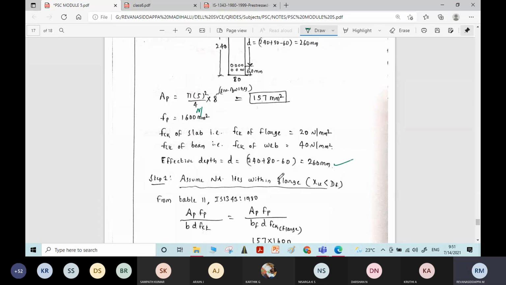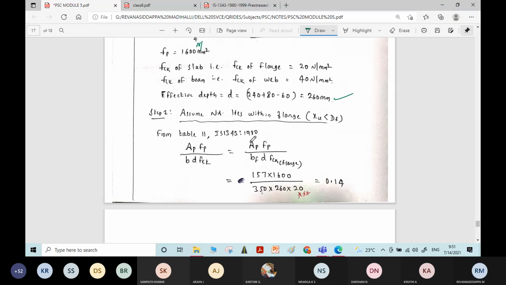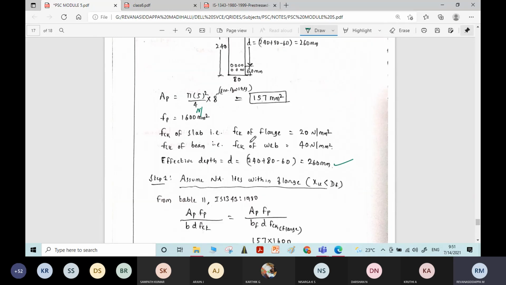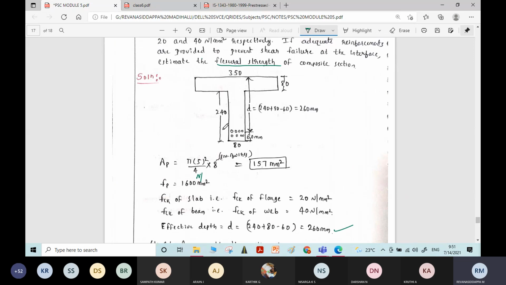Now, as we used to assume the depth of neutral axis lies within the flange or lies in the web, in the same fashion here also we need to make an assumption. If you look into the dimensions, the width of the flange is 350 and the overall depth is around 240 plus 80, around 300.